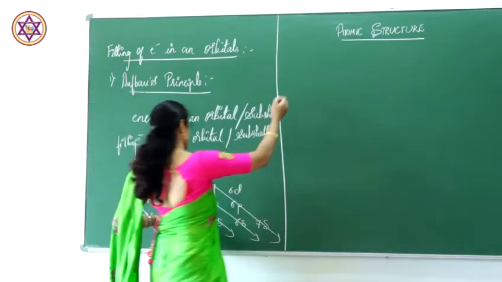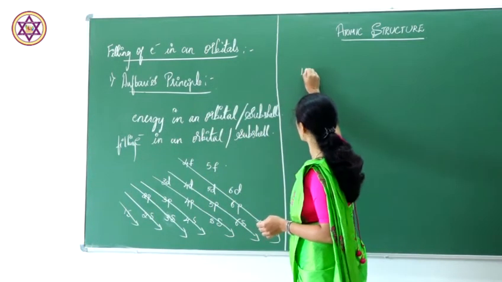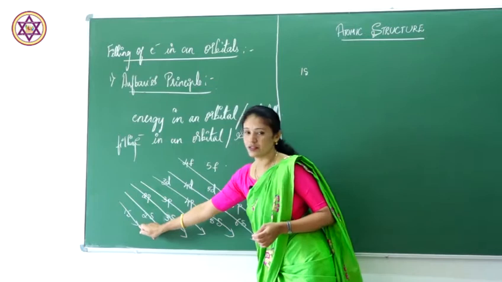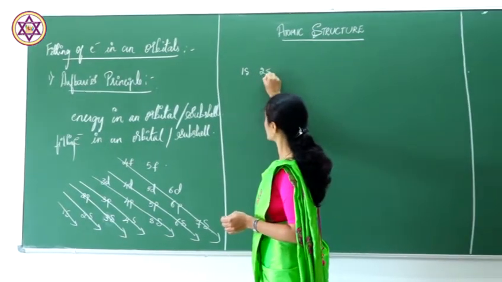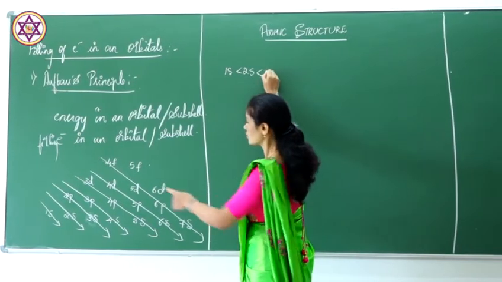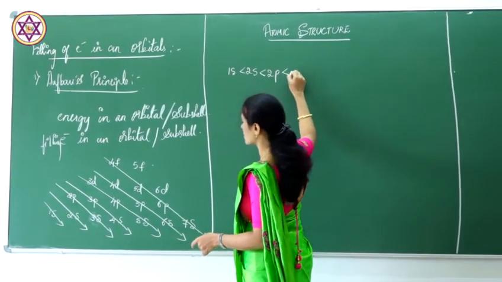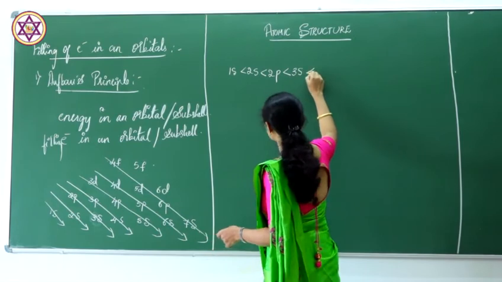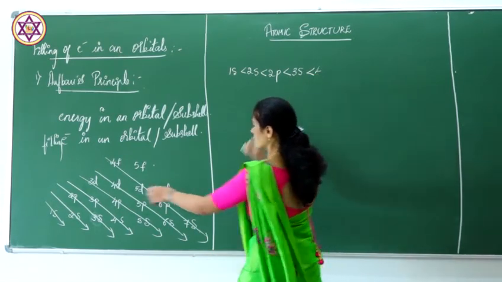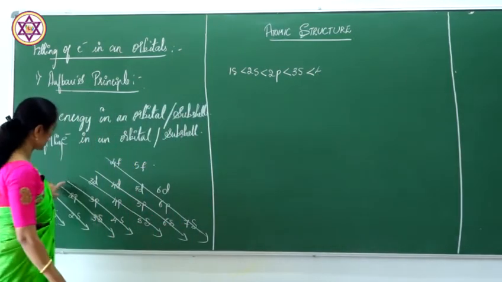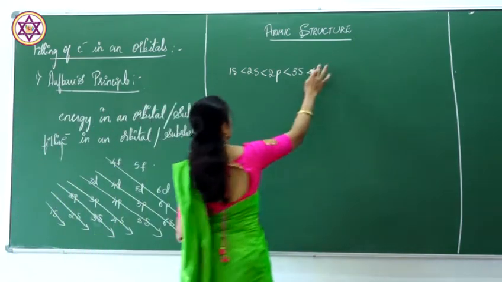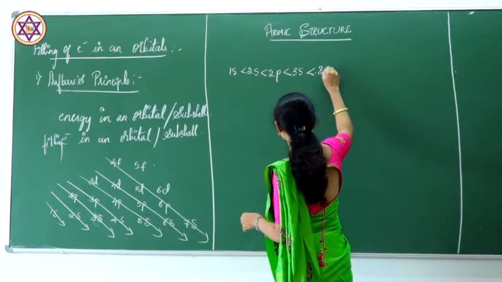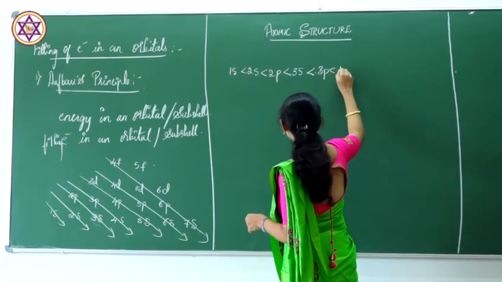Let us see how the filling takes place. First is 1s. 1s is filled. Next is 2s, then 2p, then 3s, then 3p. The filling of 3p takes place, then comes 4s.